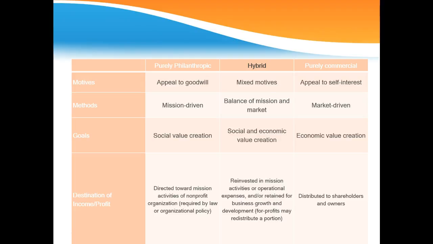Take a look at the table. Notice how philanthropic, hybrid, and commercial activities are organized by the degree of activity as it relates to motives, accountability, and use of income. This table is also featured in your reading material for this week.